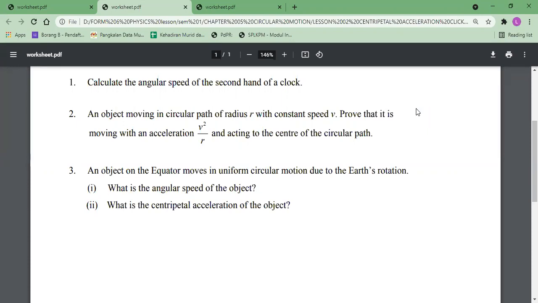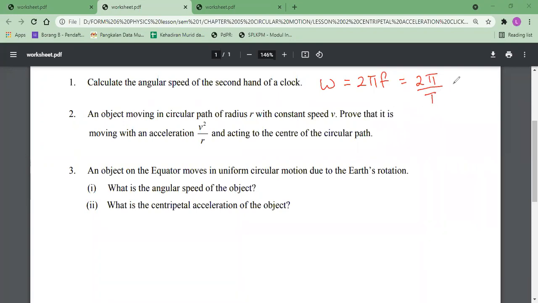So angular speed is omega. Omega equals 2 pi f, and f equals 1 over T, the period.